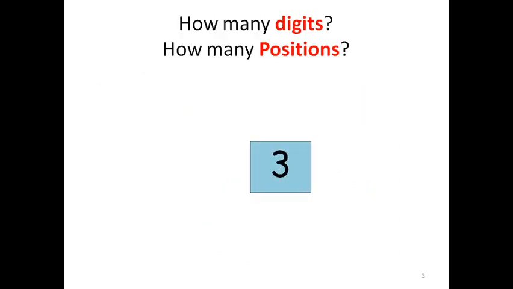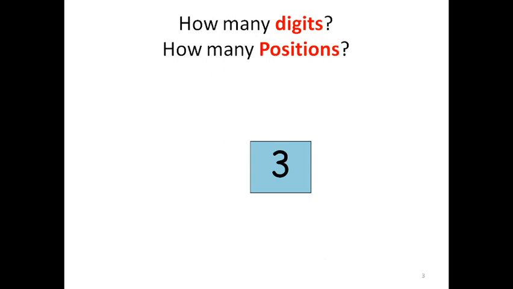Okay, now we need to know for a given number how many digits the given number includes and how many positions the given number includes. Okay, look at this number. This is number 3. So how many digits? As you see, there is only one digit. How many positions?